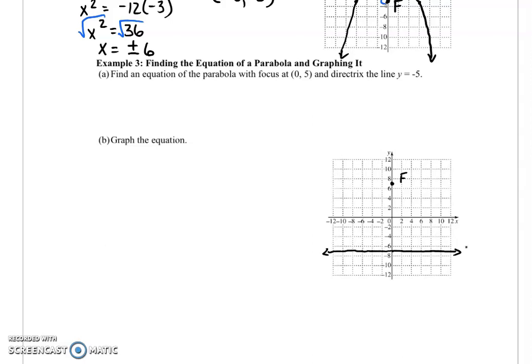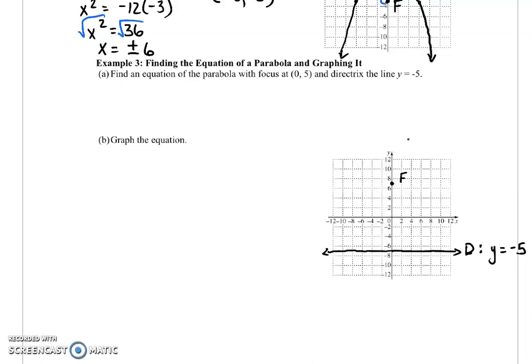So there's our directrix. We know that the vertex has to be halfway in between those. So first, let's figure out the vertex.